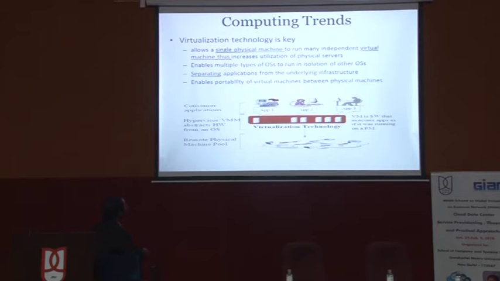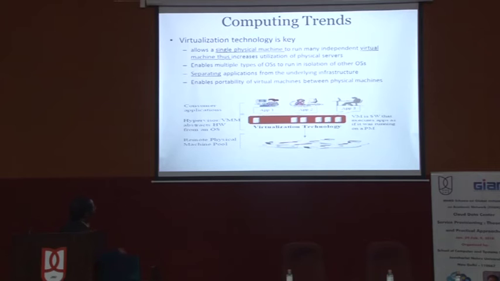Now, the whole idea of cloud computing is really virtualization technology. It gives you the perception of a single physical machine, and it also enables different types of operating systems to run, so you don't care about heterogeneity now, because you only look at the virtual machines, separating applications from the underlying infrastructure.